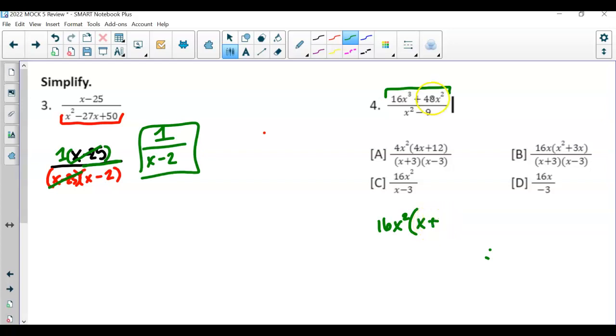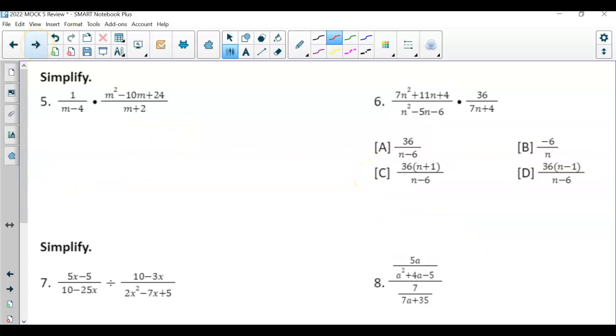And plus, 48 divided by 16 is now 3. Over then our denominator. Is this a difference of two perfect squares? Yes, because I have the square root. So x squared minus 9 becomes x plus 3 times x minus 3. Now I can start canceling out x plus 3, and you're left with C.